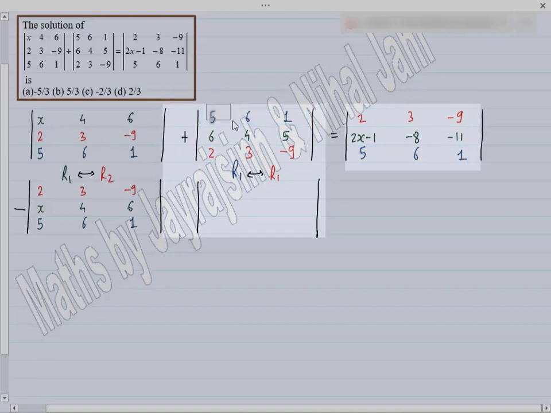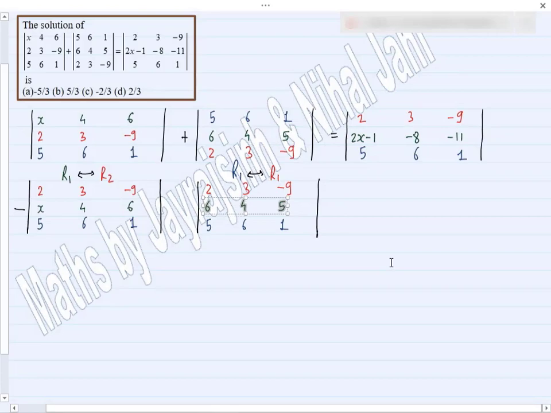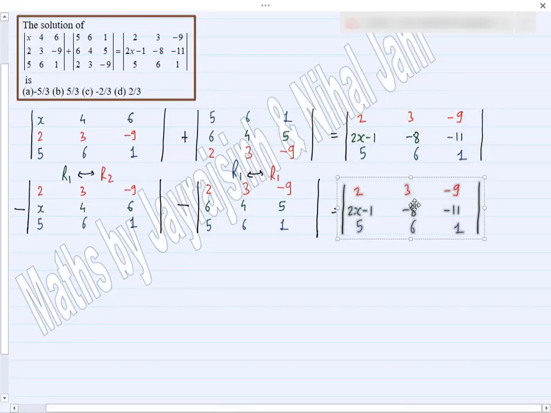So your first row will become your third row, and your third row now becomes your first row. The second row will remain as it is. Here you have to change the sign of the determinant. Plus will become minus, and your right hand side will remain as it is.